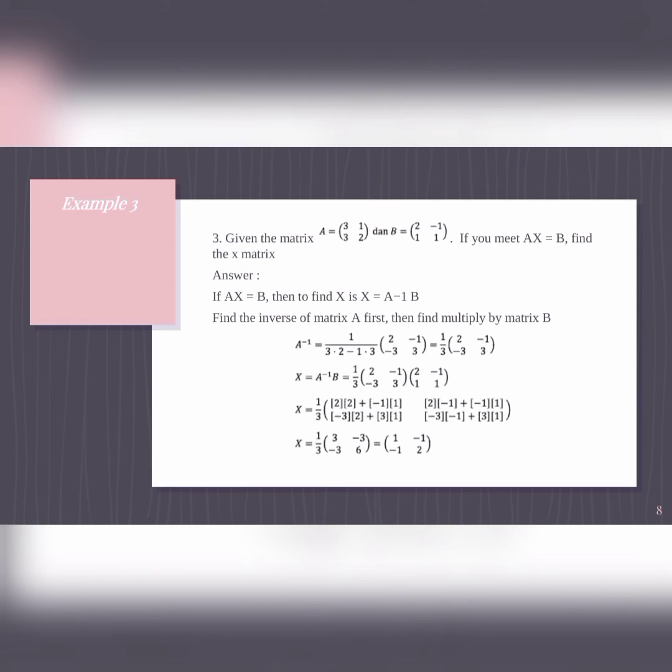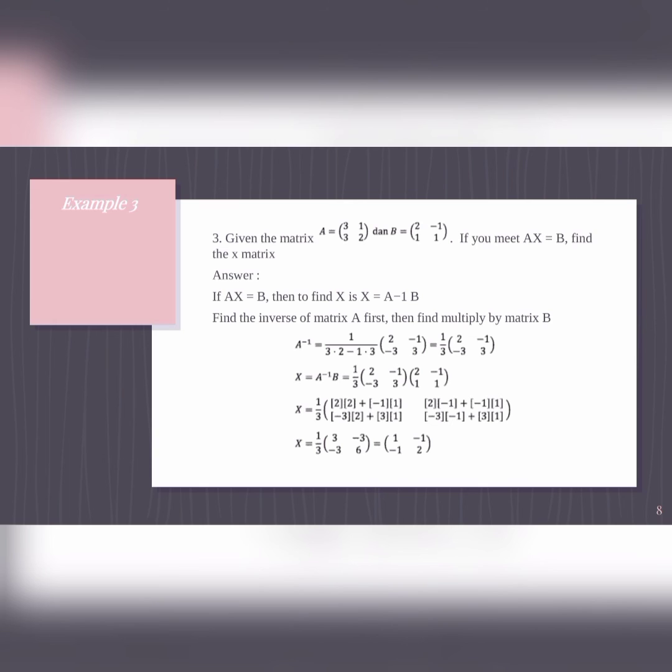And the answer of this question is first, if A times X equals B, then to find X, we get X equals A inverse B. And the next step is find the inverse of matrix A first, and then multiply by matrix B.